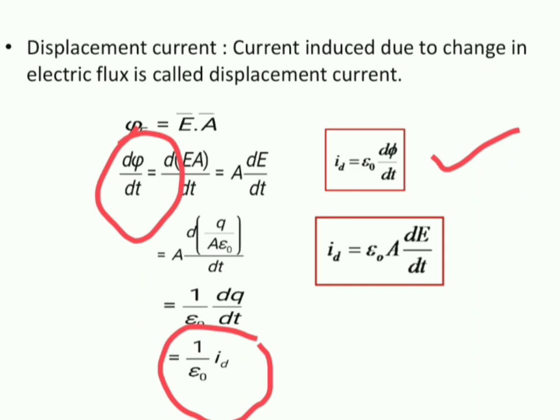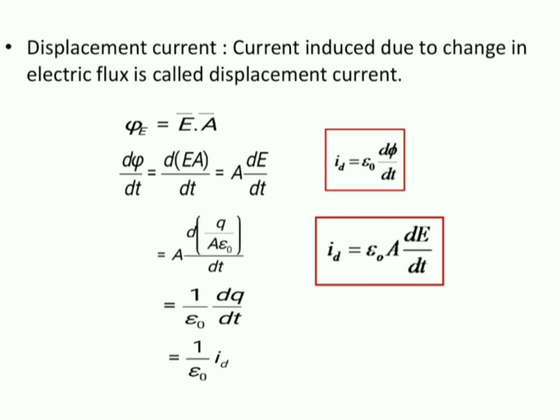See, from the first equation itself, if I write d phi by dt as id by epsilon naught, you can also write displacement current in terms of change in electric field. So change in electric flux can produce displacement current, or change in electric field also can produce displacement current. So these are two equations, one in terms of change in flux, another in terms of change in electric field.